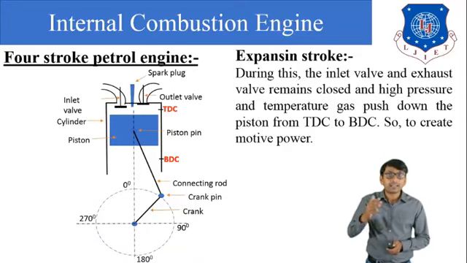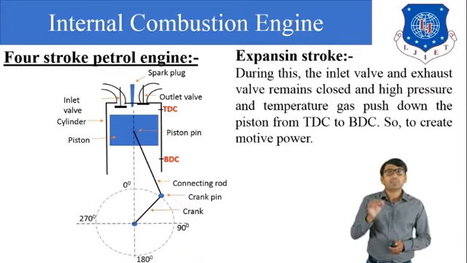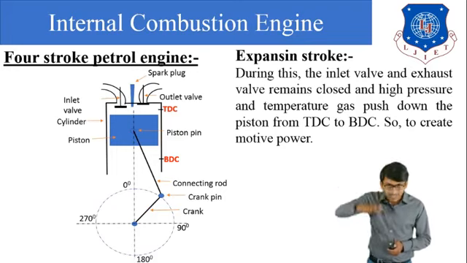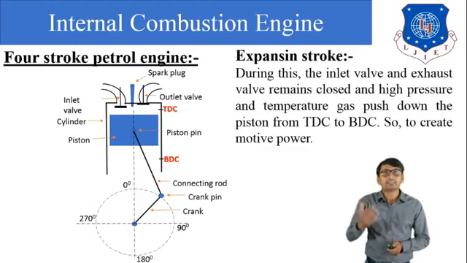So it creates motive power. During the expansion stroke, the piston moves from TDC to BDC, the crank rotates from 0 to 180 degrees, motive power is produced, and both valves are closed.